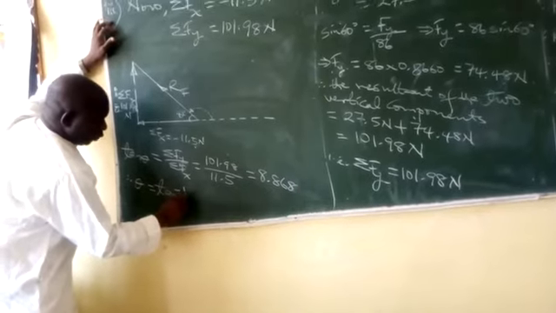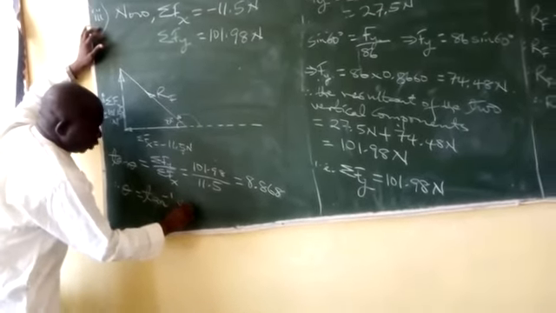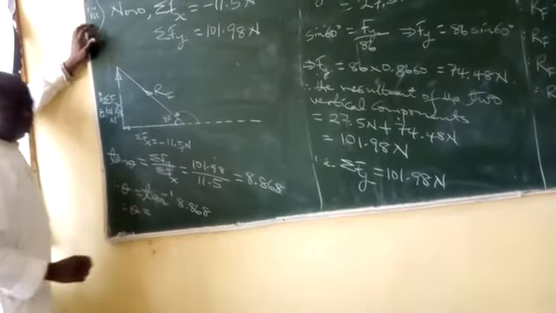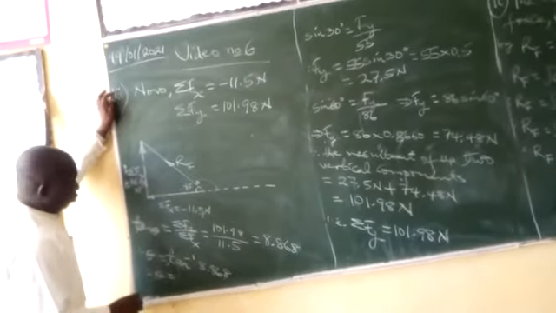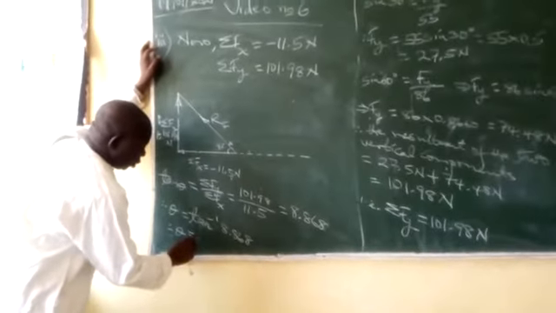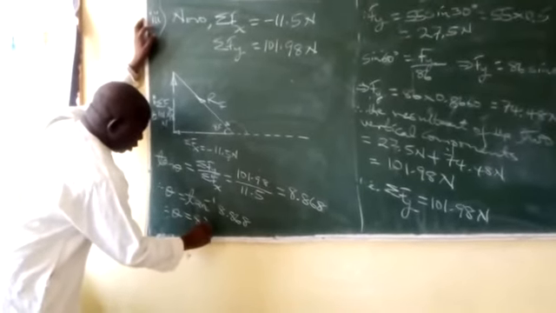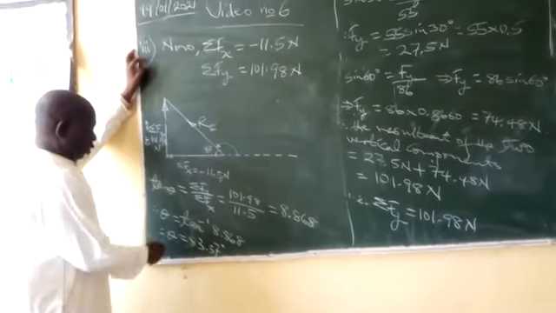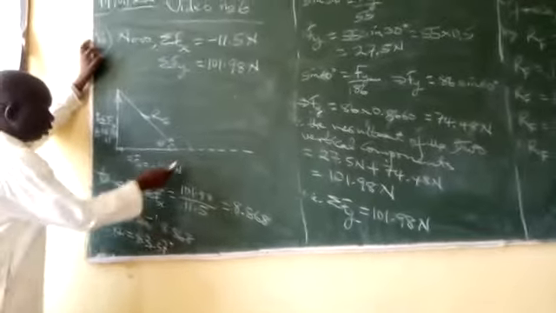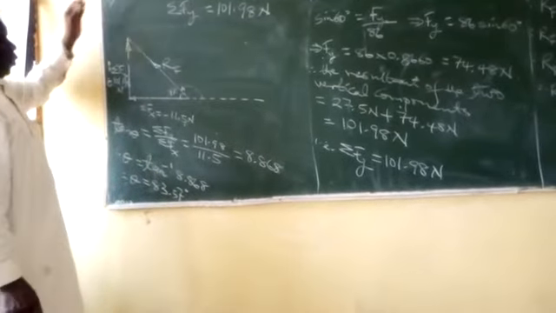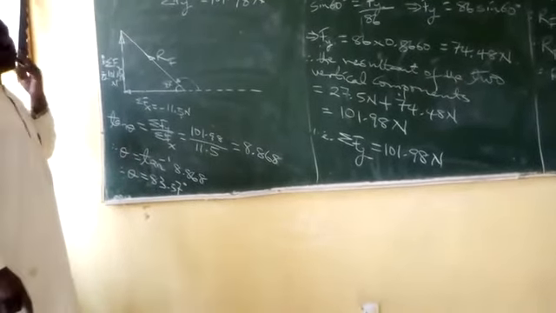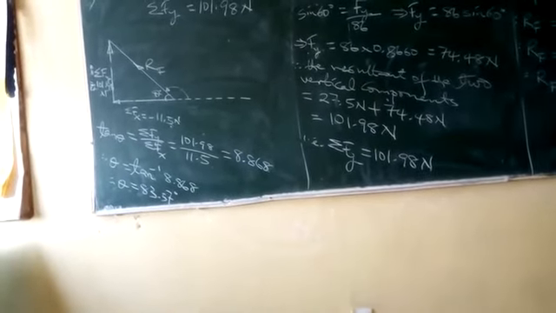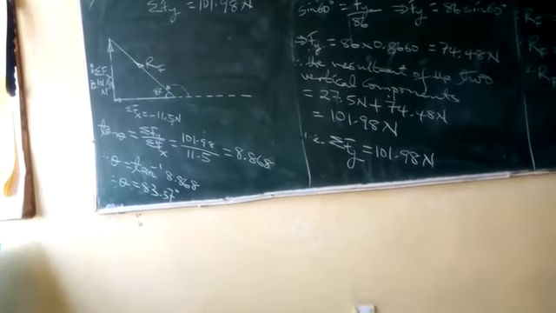Theta will be tan inverse of that, 83.57 degrees approximately. So this will not be the answer. Then we take this one from 180. 180 minus 83.57.